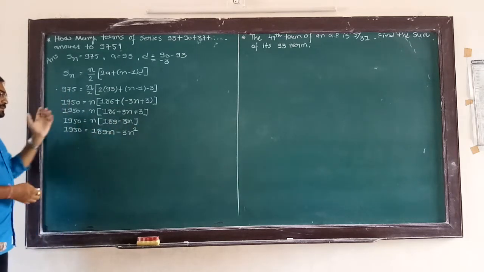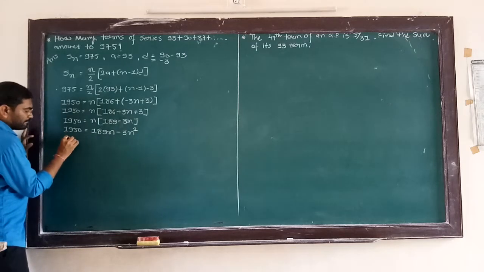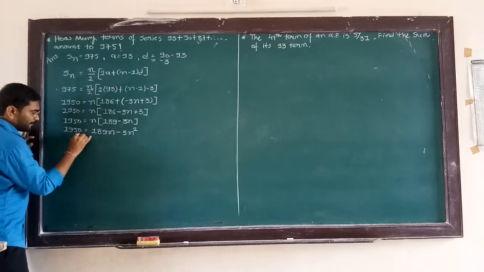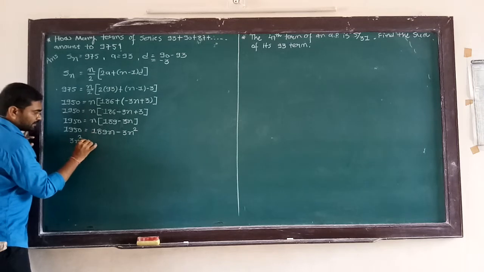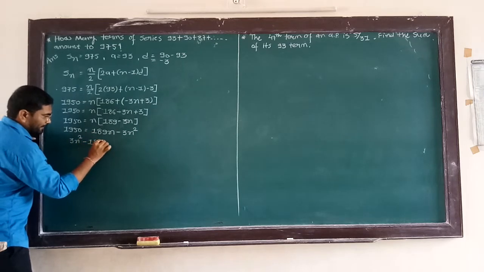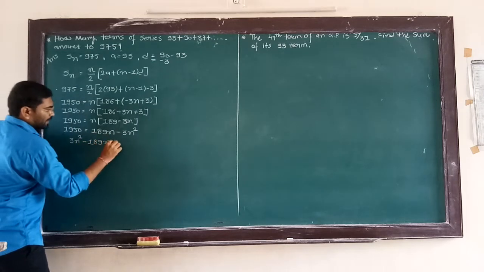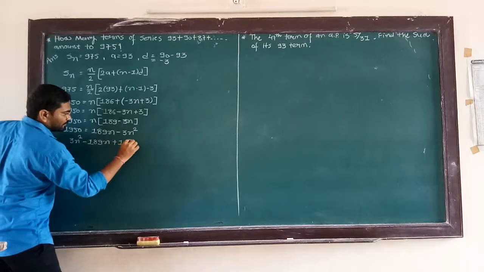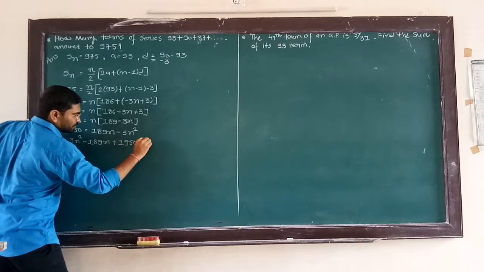Here the step is forwarded: 3n square minus 189n plus 1950 is equal to 0.